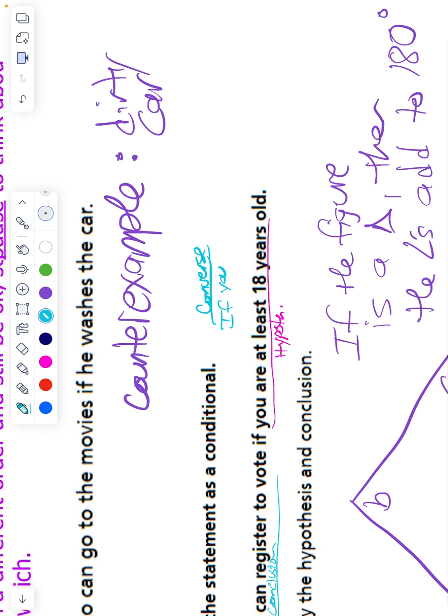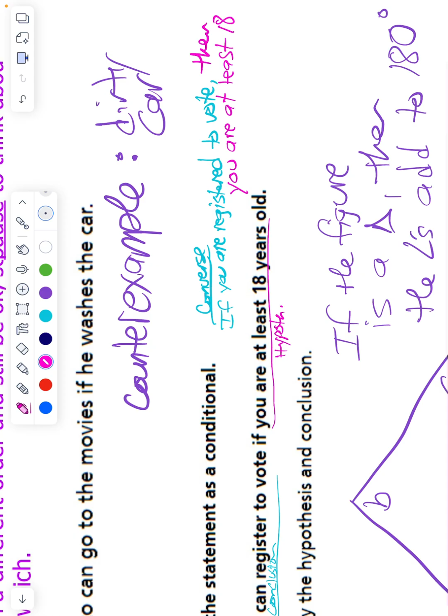So if you are registered to vote, then you are at least 18. Okay? Does that kind of help?